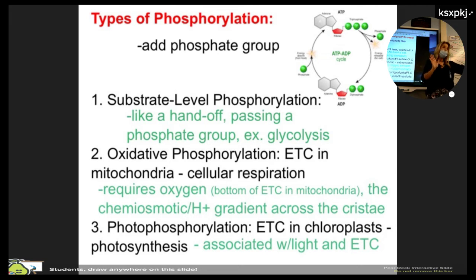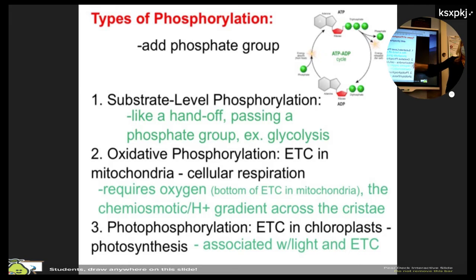And that difference, that gradient, then hydrogen wants to come back in, and it can come back through ATP synthase complex, and you can make some ATP. Okay, substrate level is a handoff. Oxidative phosphorylation, you're using electron transport chain, and oxygen's at the end, keeping the electrons having the ability to move through the chain so you can make ATP.